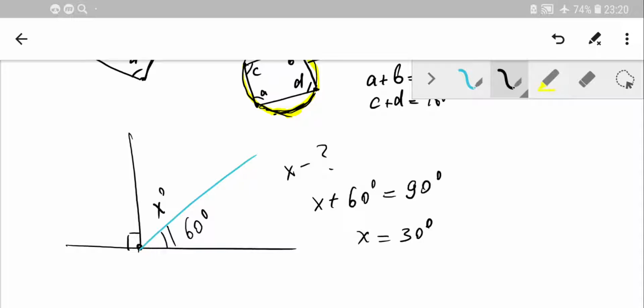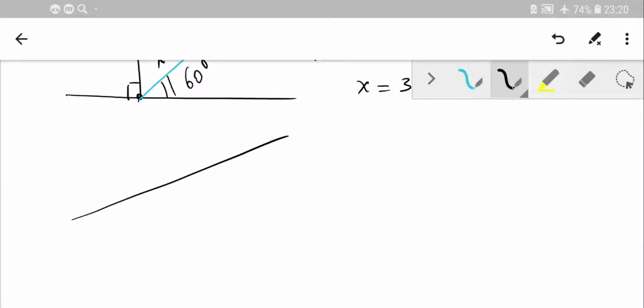So let's move next. What if we have a line and there are two parallel lines? Okay, it's not actually obvious that it's parallel. Yeah, okay. So let's mark them as parallel lines.